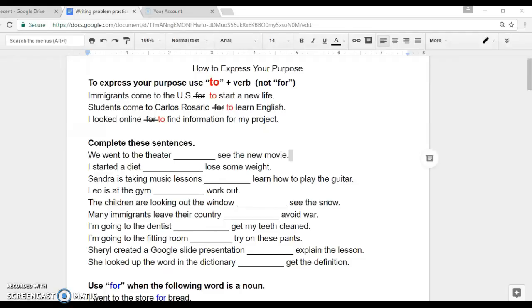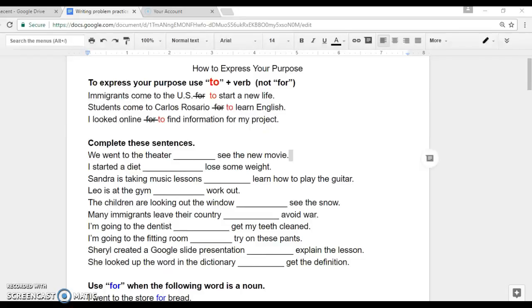Many of you are using for, and the correct preposition is to use to plus the base form. So, for example, you can see three sentences at the top. Immigrants come to the U.S. to start a new life, not for. Or students come to Carlos Rosario to learn English.